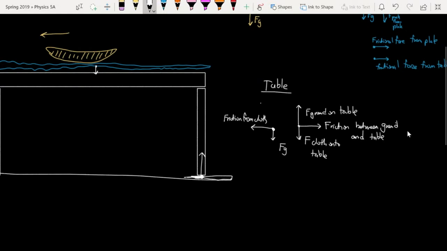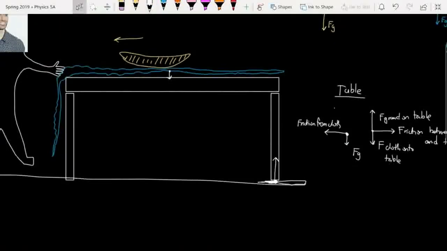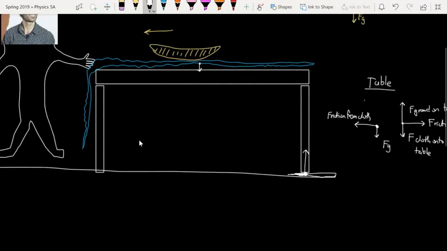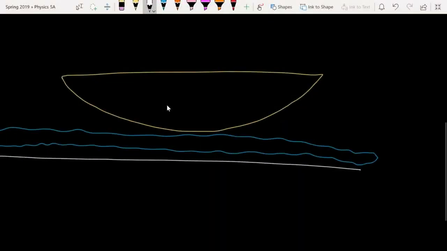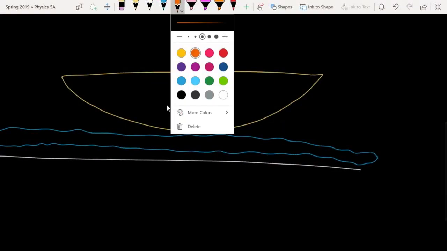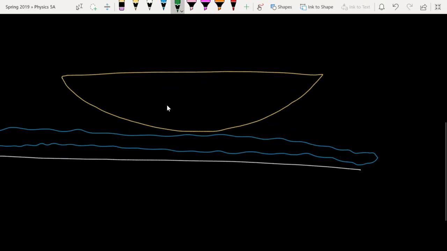So these are essentially all the forces acting on this table in this problem. And I actually drew a little schematic down here of a zoomed in version. If you just want to sum up the frictional forces in particular, on this tablecloth you're going to have a force going this way from the plate onto the tablecloth, and also the same thing from the table onto the tablecloth.